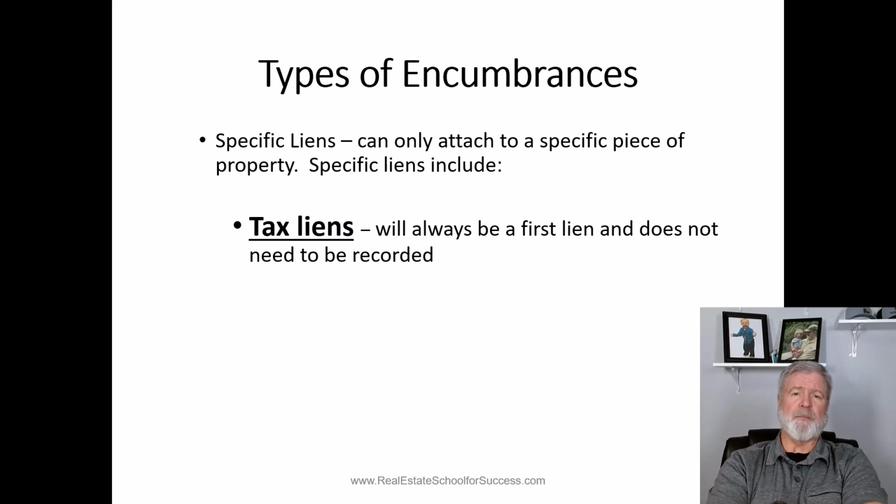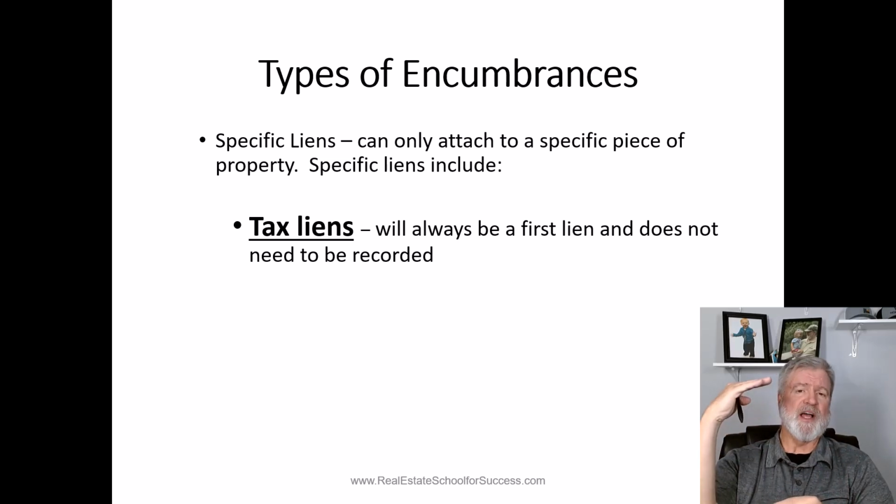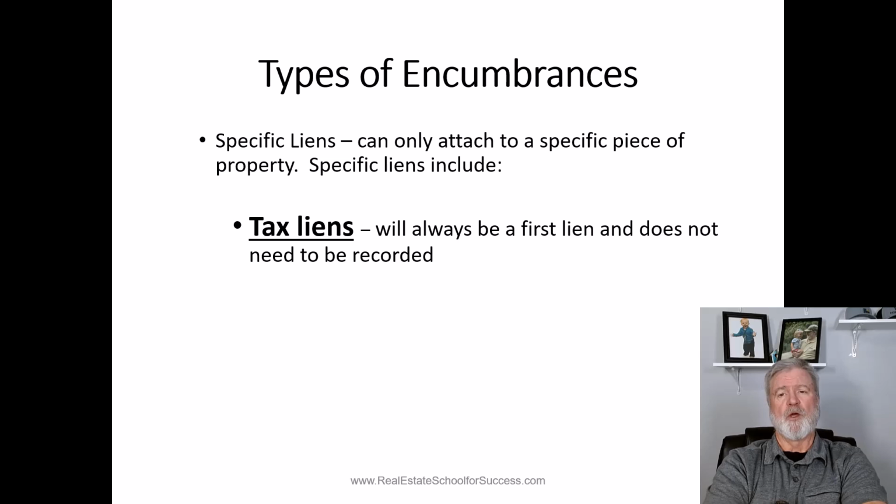Well, how does that priority work? Or how do you determine who has first priority and second priority and right on down the line? Well, the priority is always based on the time and date the lien was recorded. Okay? So whoever recorded the lien first will have first priority and then right on down the line. The only exception to that is the tax lien.